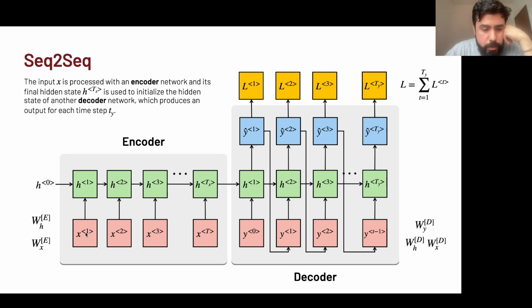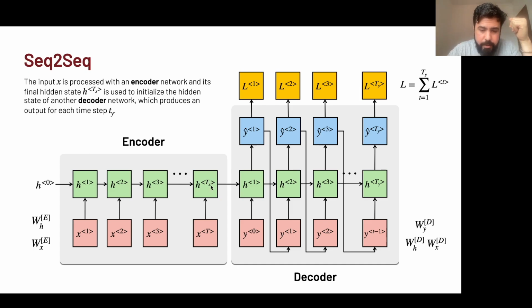What we're going to do is process "the" and then produce h1. And then "book" and then produce h2. And then "is" and then produce h3. Until "table", which is the last word, and that's going to give us the hidden state hTx.